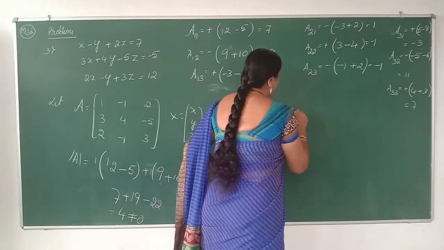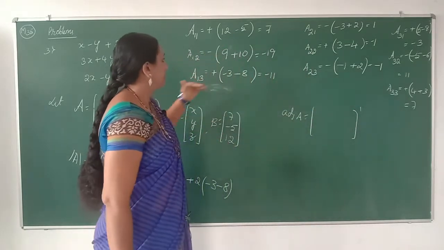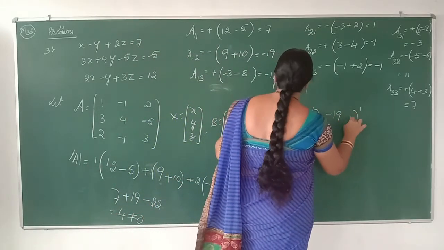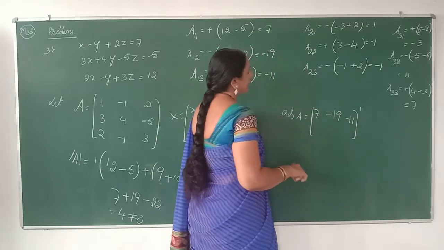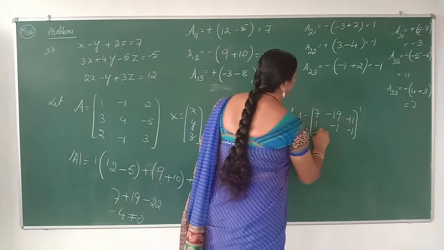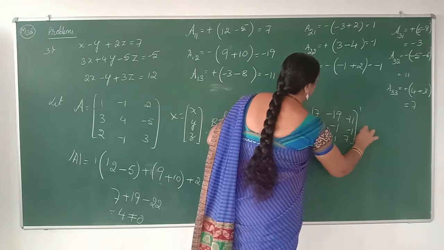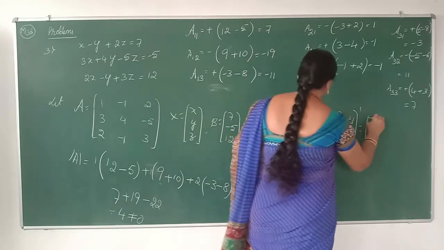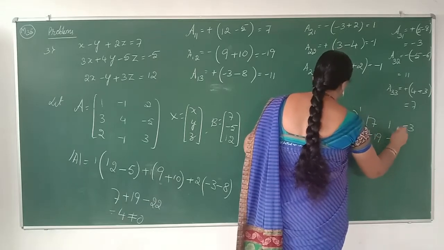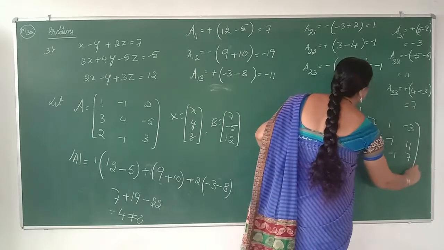Therefore adjoint of A equals the transpose of the cofactor matrix. The first row is 7, minus 19, minus 11. Second row 1, minus 1, minus 1. Third row minus 3, 11 and 7. After transposition it can be written as 7, 1, minus 3; minus 19, minus 1, 11; minus 11, minus 1, 7.